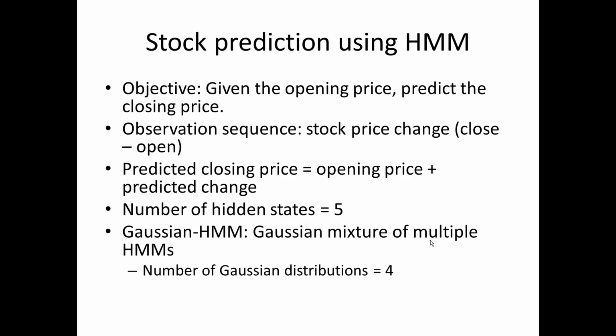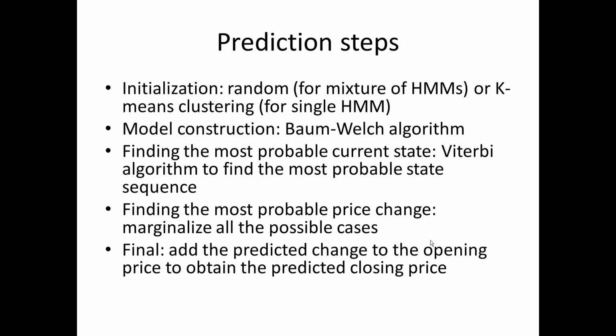Once we get the predicted change, we add it to the opening price. In this particular case, we have five hidden states, and to improve prediction accuracy, we use a mixture of four Gaussian distributions.